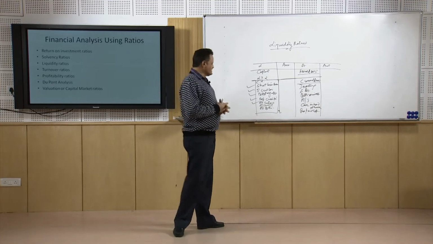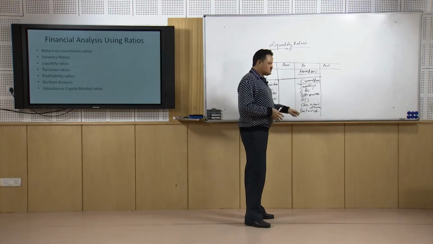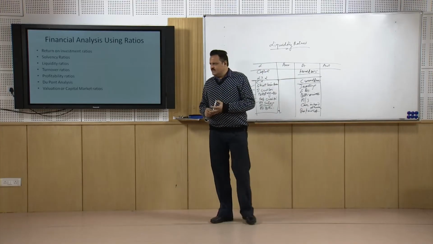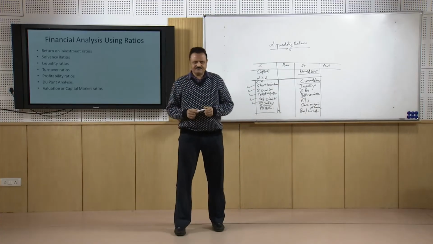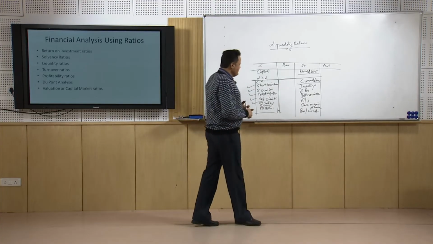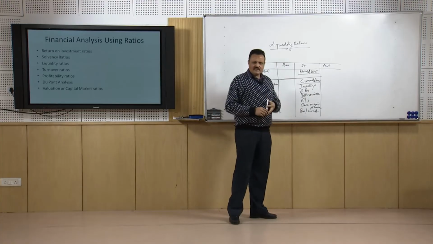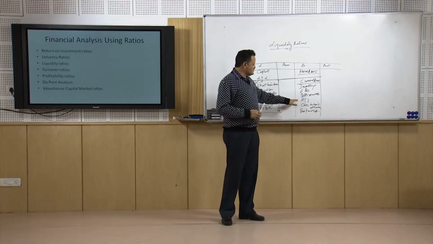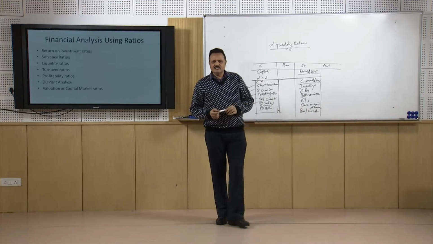It is better, because keeping cash in hand or at the bank is not going to earn any interest. If we are sure with the help of cash budgeting that we are not requiring cash beyond a particular amount, you convert that into marketable securities. Marketable securities are also current assets, very short term assets.